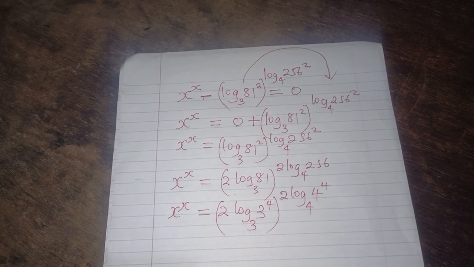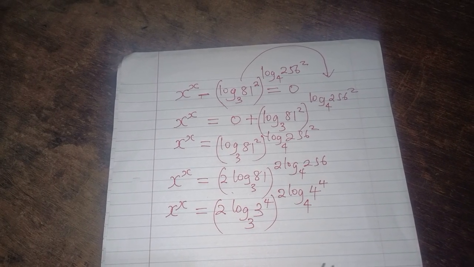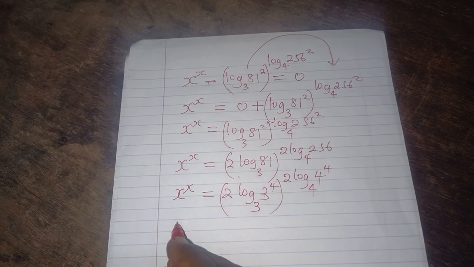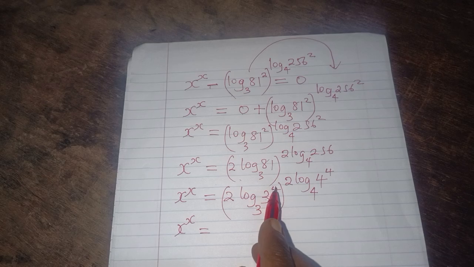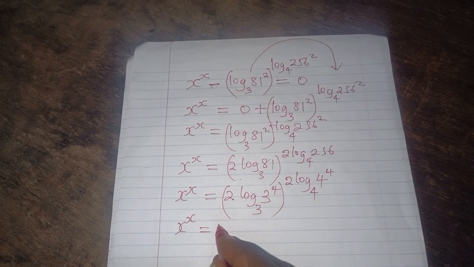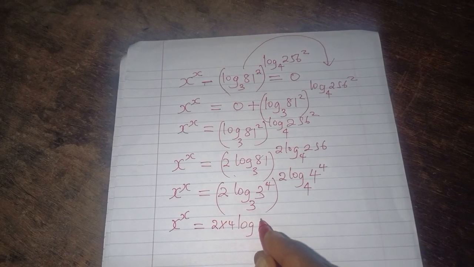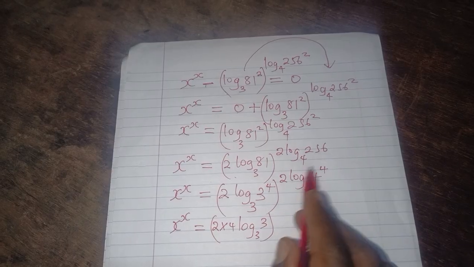That's very correct. And we shall still proceed and have the following. Again, the powers getting dropped in that case. So I'll have x to power x being equal to 2 times 4, because if this 4 drops, it will be the same as 2 power 4 in the log of 3 to base 3. And this is raised to, again, you can drop this 4 as well.